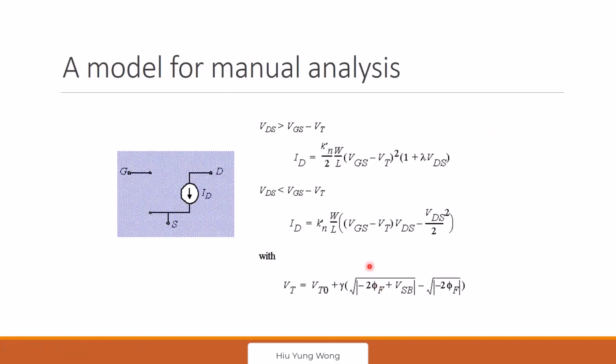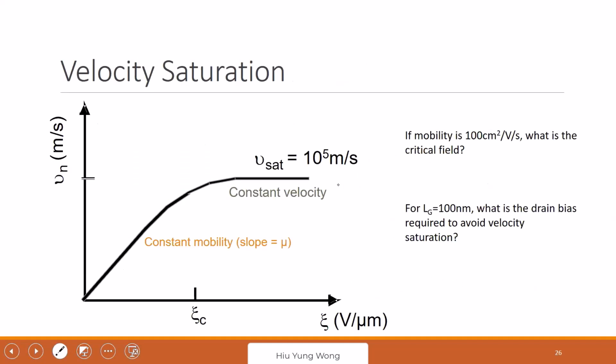This is the model, no old model, no problem, right? But now we want to ask, wait, what if my electric field is very high? What happens? We just now said that velocity equals mobility times electric field. This is the velocity, and this is the electric field.